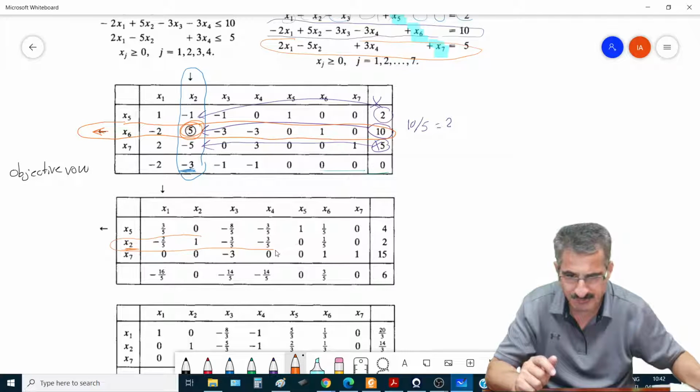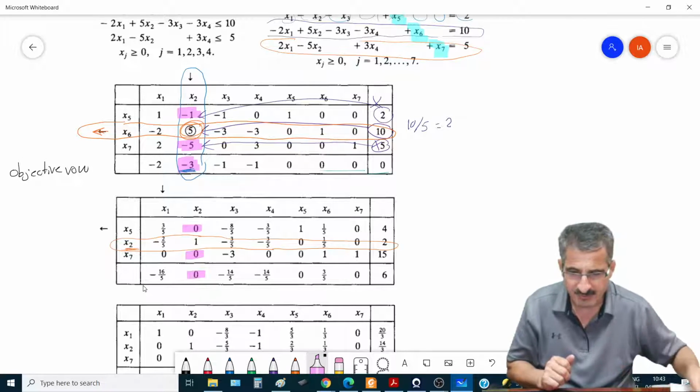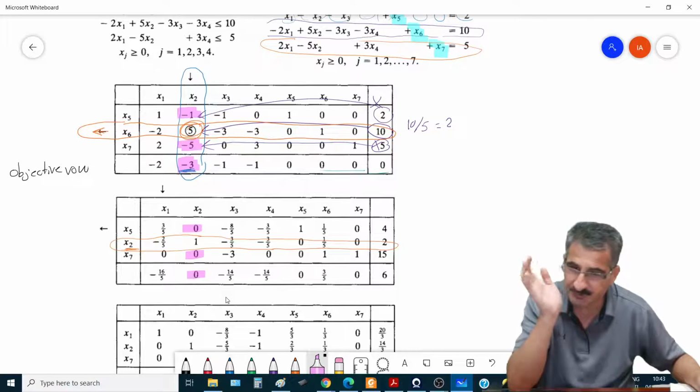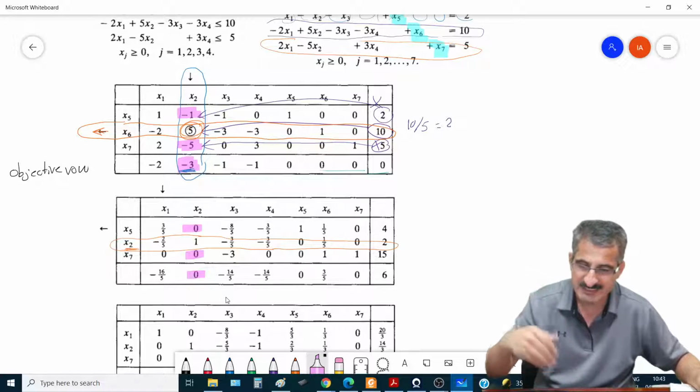Now use this row to make this 0, and this 0, and this 0, and do the row operation, and we got the zeros here and here and here. Good. x6 has departed, x2 has entered.